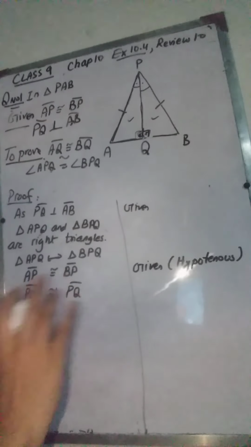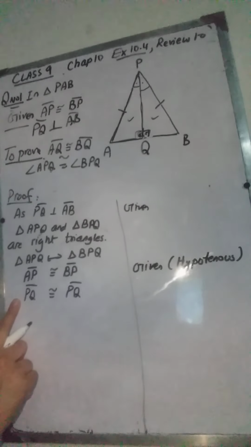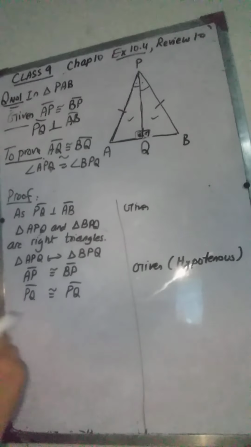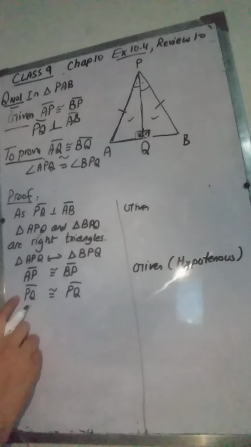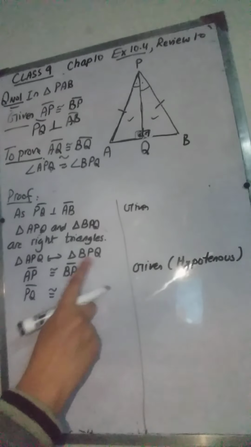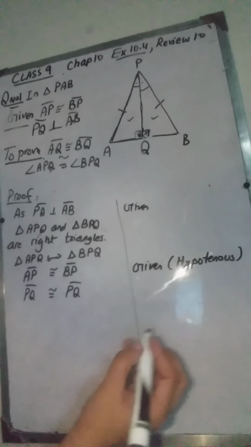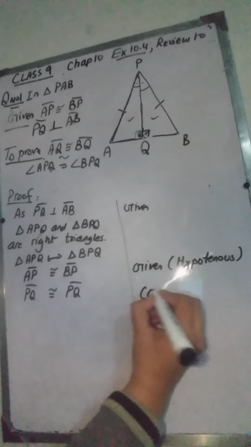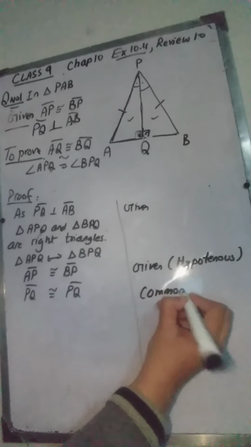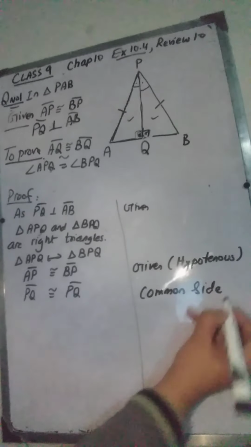Therefore both the triangles will be congruent, because this is the hypotenuse and this is one of the other two sides. One hypotenuse and one side of this triangle are equal to the hypotenuse and the corresponding side of triangle BPQ. Therefore these two triangles are congruent. PQ is congruent to PQ because this is the common side of both triangles.